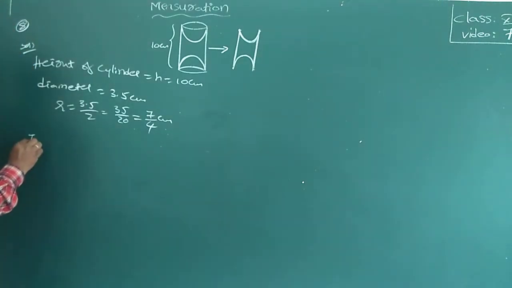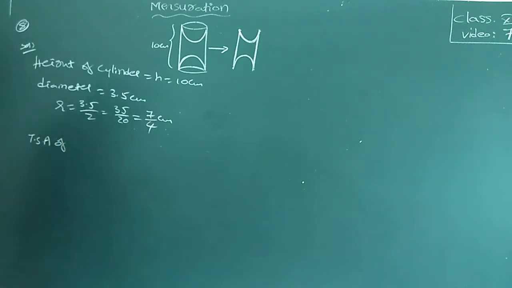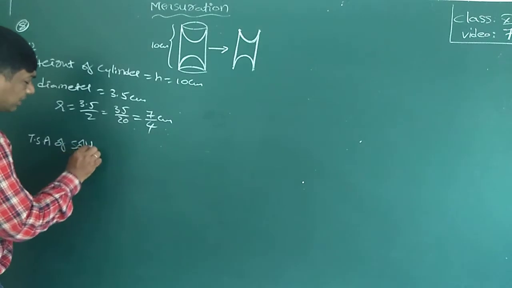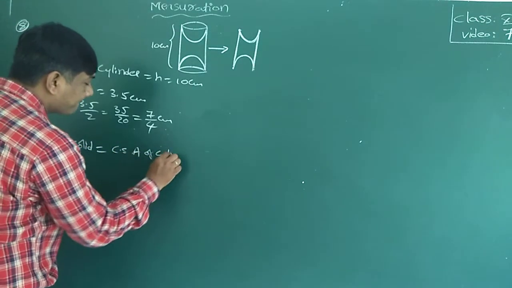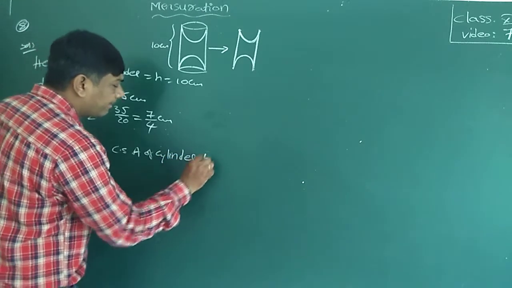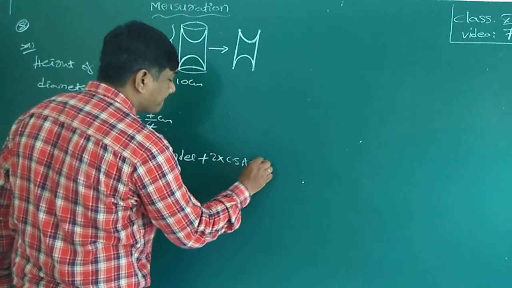Now TSA of the solid is equal to CSA of a cylinder plus 2 into CSA of a hemisphere.